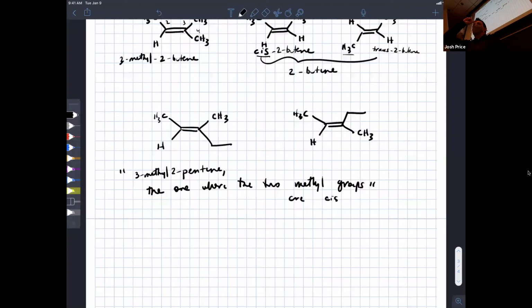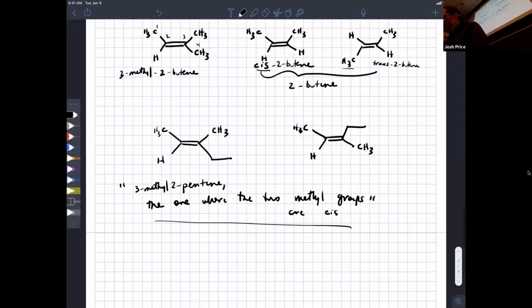We're going to have a system of assigning a 1-letter designation that will tell us everything we need to know. It will tell us all of this stuff. But to get there requires a bunch of rules. I will tell you that we're going to call the one on the left E, and I don't care that you know that it's in parentheses, E 3-methyl-2-pentene, and this would be Z 3-methyl-2-pentene.